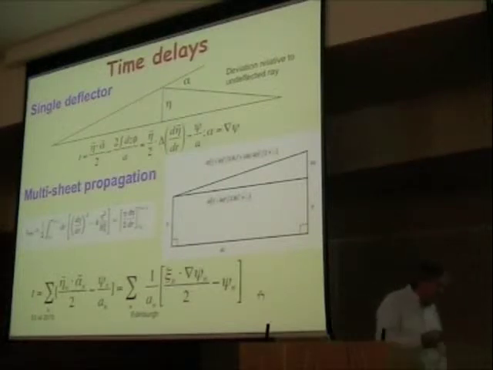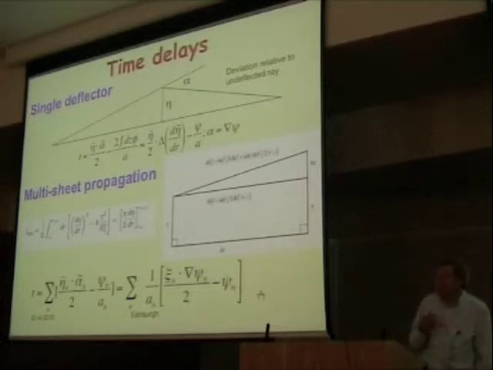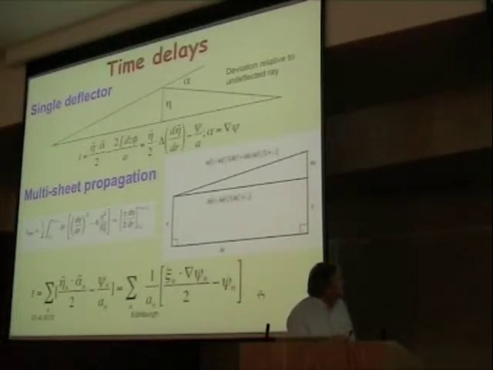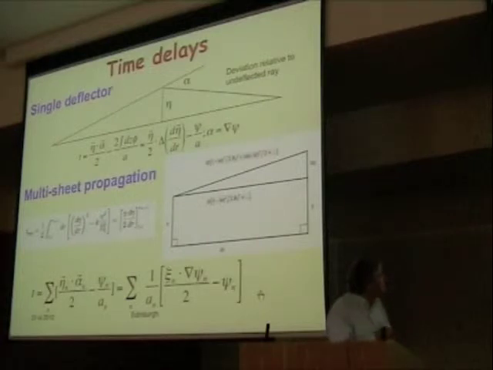Let's consider again something that's probably fairly familiar to most people here, multi-sheet propagation. But this is something that I think is a little bit new, at least it was to me. Well, I'm sure there will be some people here who knew this perfectly, but I have to confess I was a little bit confused about this.